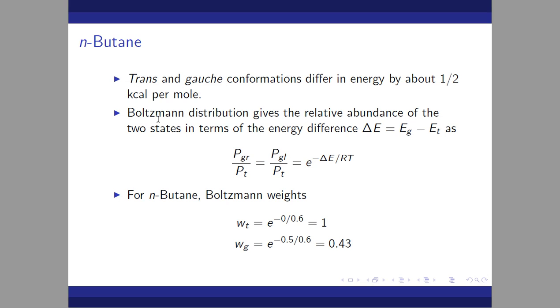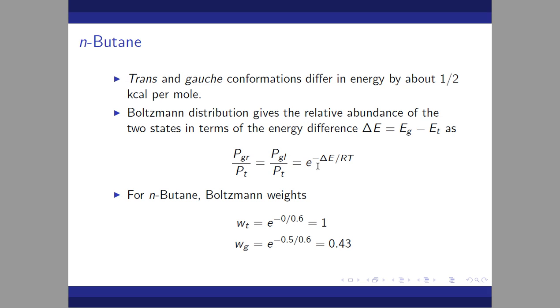We can take this Boltzmann distribution, which gives the relative abundance of the two states in terms of the energy difference. Delta E equal to E gauche minus E trans, as the property of this gauche right, gauche left of trans, equal to exponential minus delta E over RT. The Boltzmann weight from our thermodynamics, W trans equal to 1 and W gauche equal to 0.43.